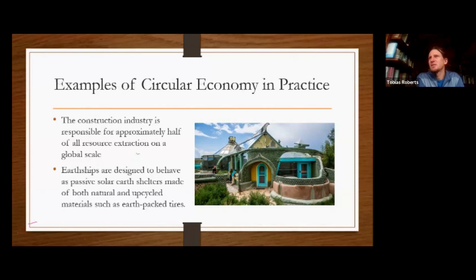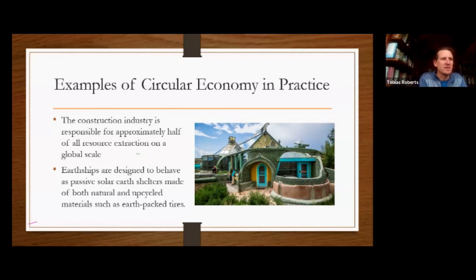Another space within our global economy that I think deserves a lot of attention is the construction industry. There's a lot of statistics about how much greenhouse gases are created by cement production and other things. But one of the things that's interesting to me is that the construction industry is responsible for approximately half of all resource extraction on a global scale.